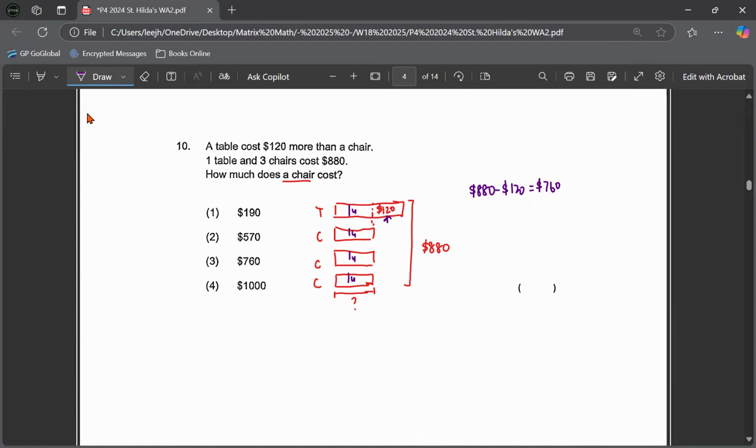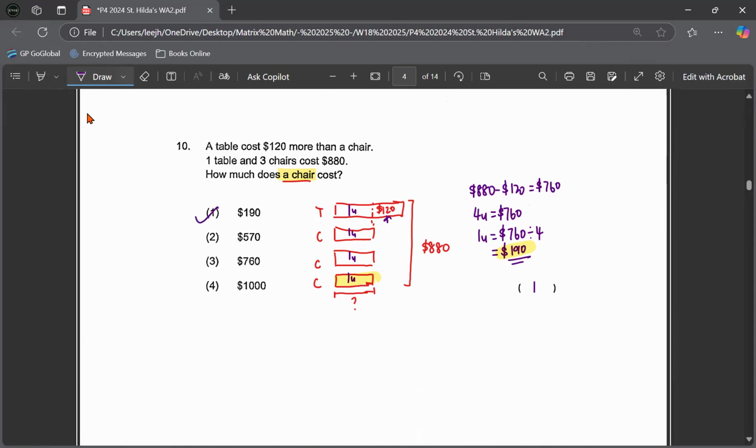So 760 will represent 4 equal units. Always look for 1 unit. You take 760 divide by 4. Answer is $190. I just want the cost of a chair because they asked for just a chair and the chair is just 1 unit and that is your answer. So that will be 190, which is option number 1.